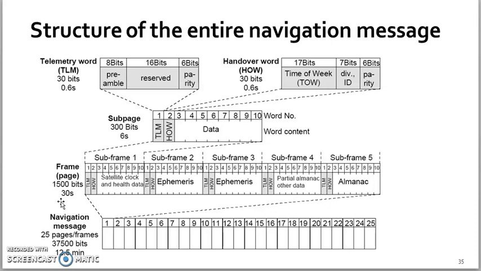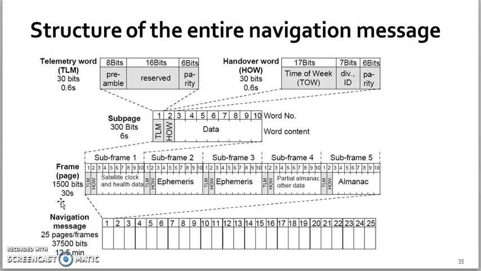In each case, the almanac data, considering the total number of satellites according to the data required, for one satellite only is transferred per page. So that is about your almanac data and the pages information.